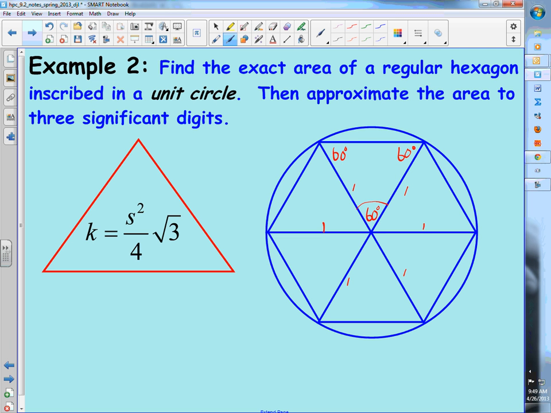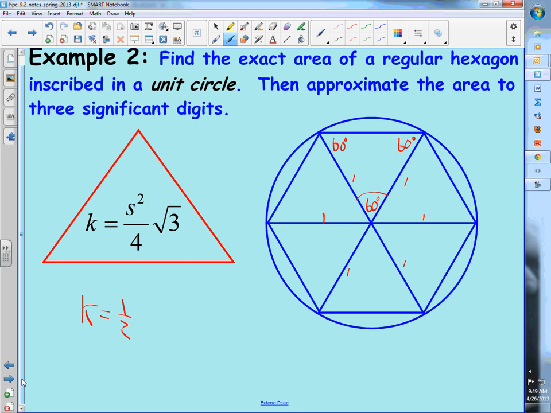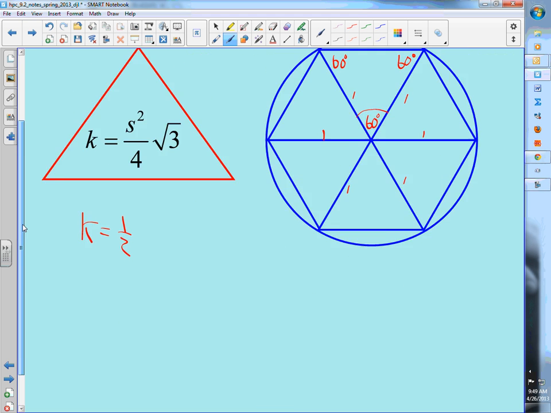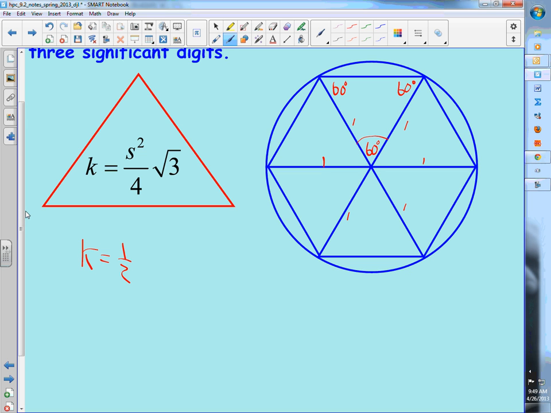So this is an equilateral triangle, and the sides are 1. We could do K equals 1/2 times 1 times 1 times the sine of 60, based on what we just learned a few minutes ago. 1/2 of 1 times 1 is 1/2.